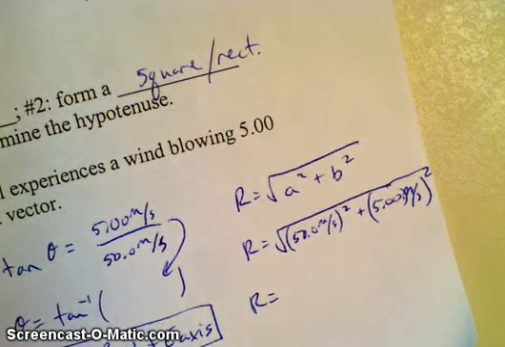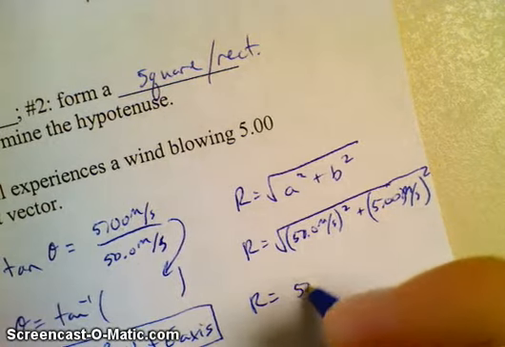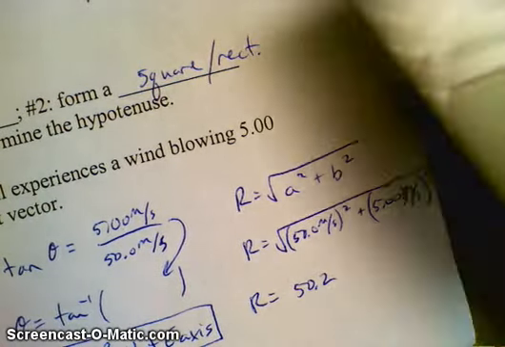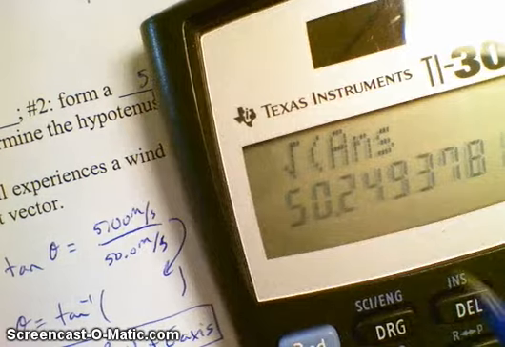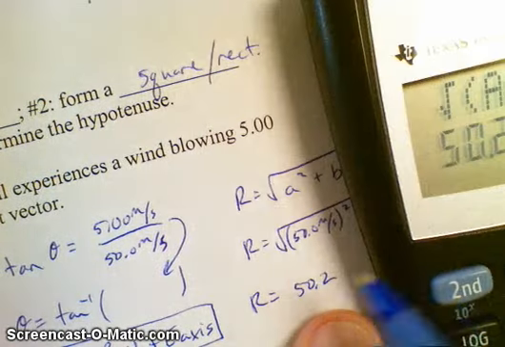So if I do 50 squared plus 5 squared, and then take the square root, I get 50.249. Again, I'm going to round to 3 digits because my two numbers are 3 digits.